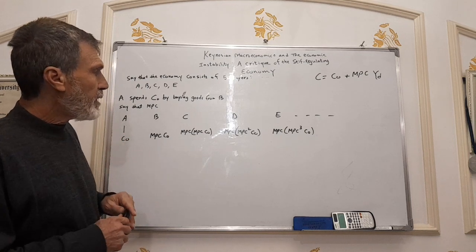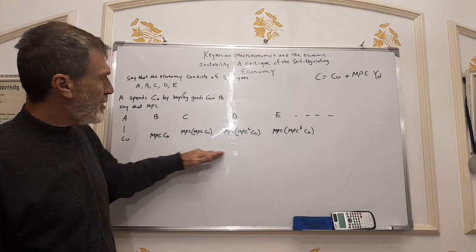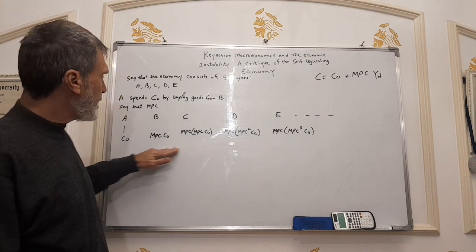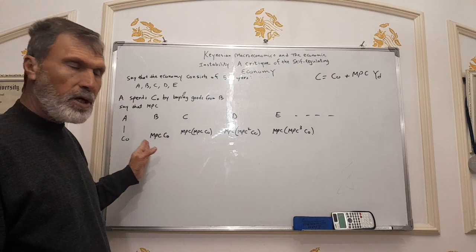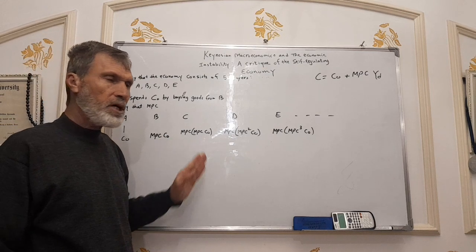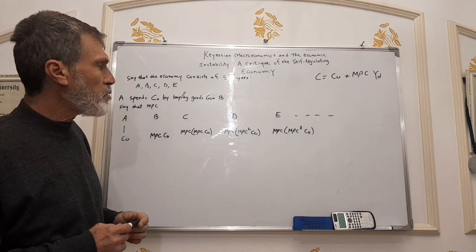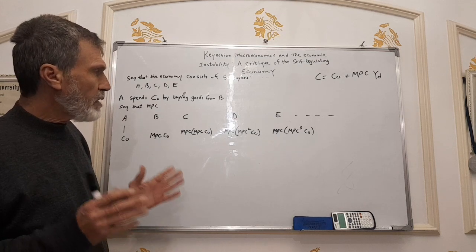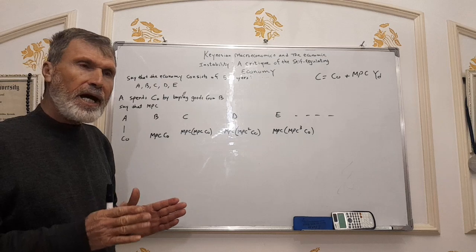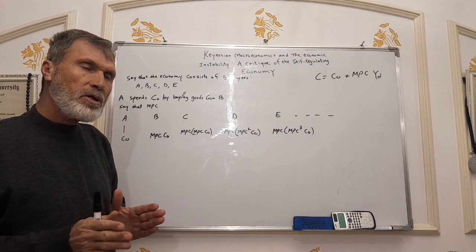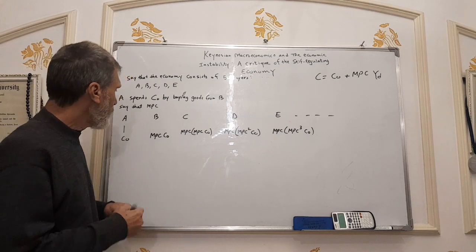Now, as you look at this series here, this is a geometric series or a geometric sequence. Why is this a geometric series? Because a geometric series is a series where every term has a constant ratio to its preceding term. Look over here.